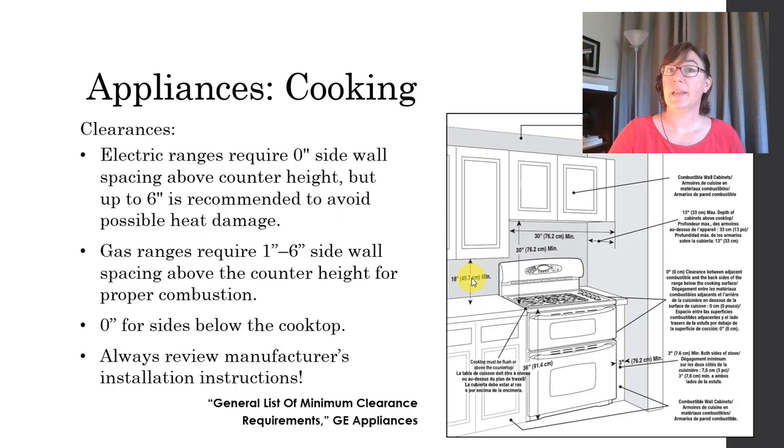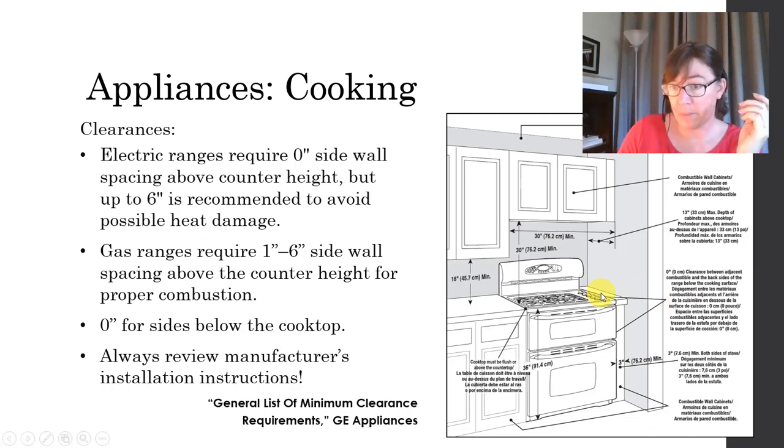Let's talk about clearances. They're a little bit more tricky for cooking appliances than they were for our refrigerators and our dishwashers. Okay, so the side wall, and here's an example of a cooking appliance right here. The side wall is going to be this piece right here. Okay. Electric ranges require a 0 sidewall spacing.